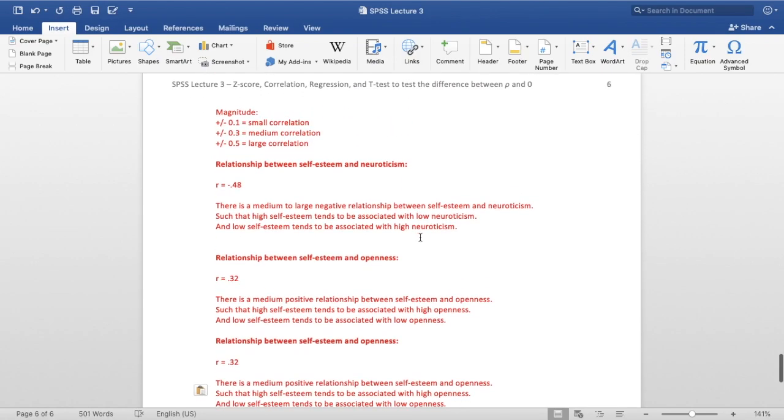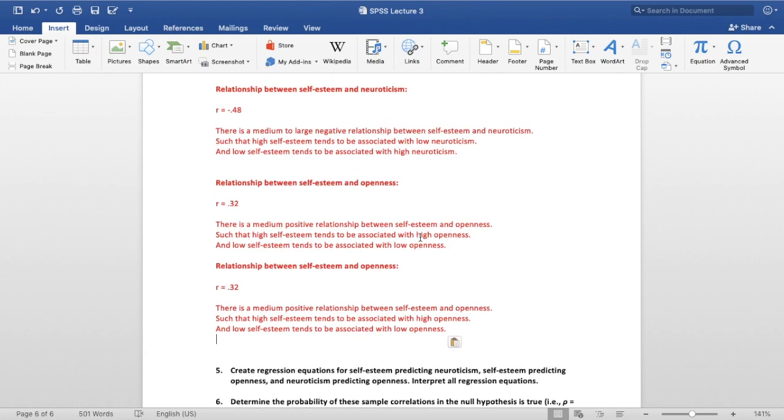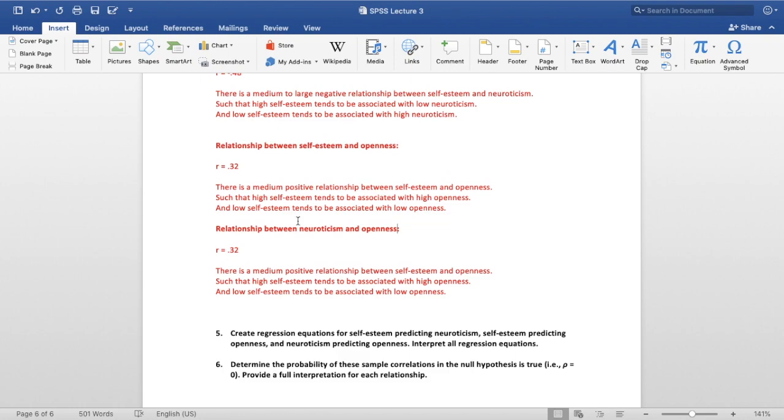Okay, let's interpret the last relationship. The last relationship is the relationship between neuroticism and openness. R equals negative 0.27.